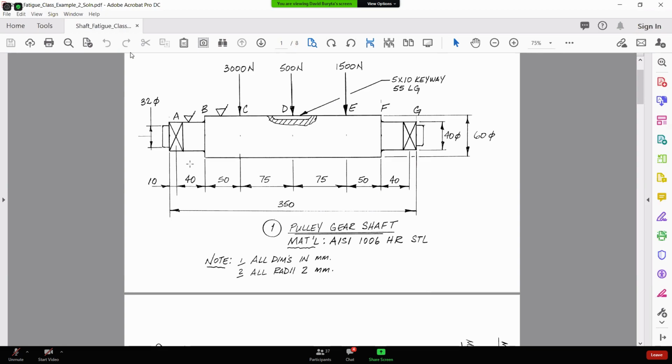So the shaft is supported at the center line of the bearing at A and the center line of the bearing at point G. And there would be a shoulder in here, so that the bearing can seat up against this machined surface here and this machined surface here. For this particular example, I haven't included that. That would be dependent upon the radius of the fillet that would go in this shoulder, which would be dependent upon the bearing that's selected.